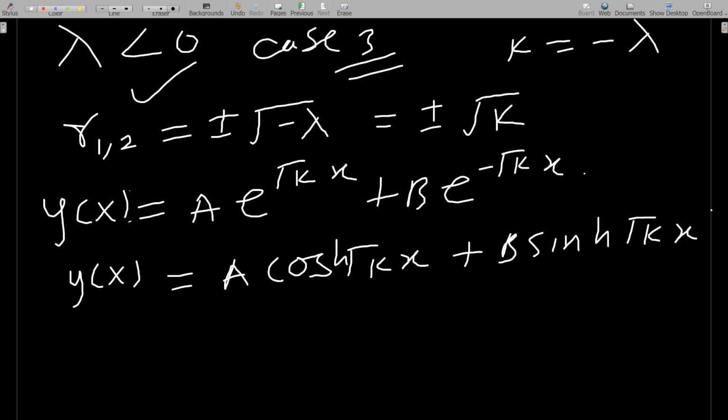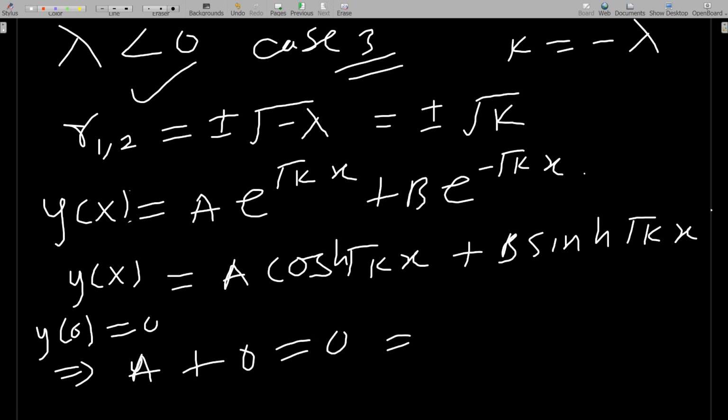Okay, so you have to apply the boundary condition. y of 0 equals 0 implies that when I put 0 here, cosh of 0 is 1, so this will imply a plus sinh of 0 is 0, so 0 equals 0. This implies a is equal to 0.